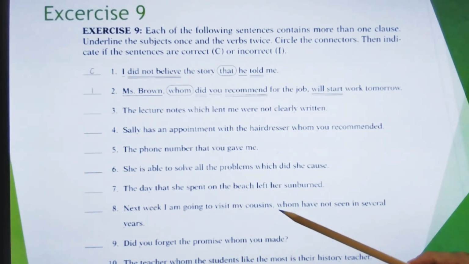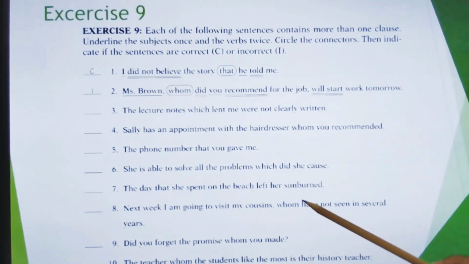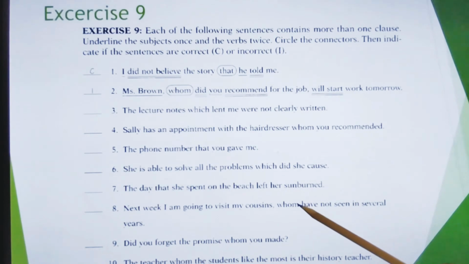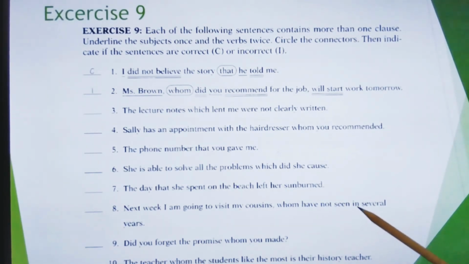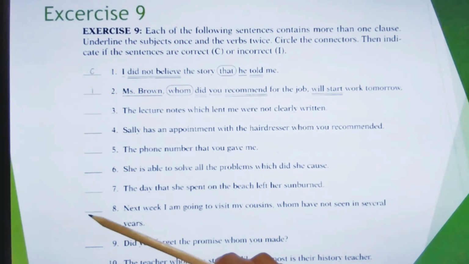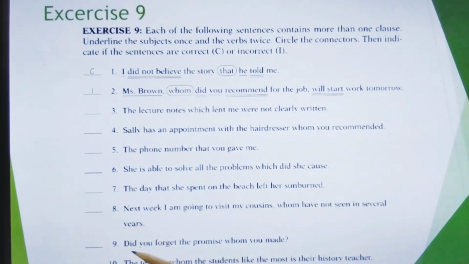Okay, it is not correct. Why? Because there is no dependent subject here. It's supposed to be correct if the sentence is like whom I haven't seen in several years. So there is a missing subject here, so this is incorrect. Okay, so what about number 9?